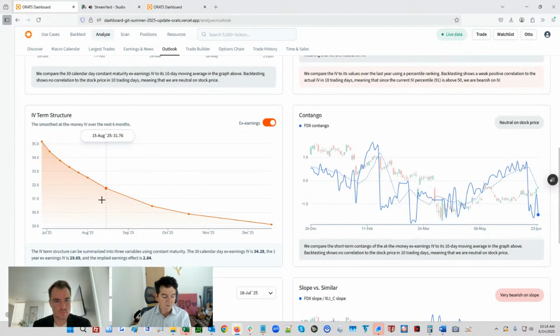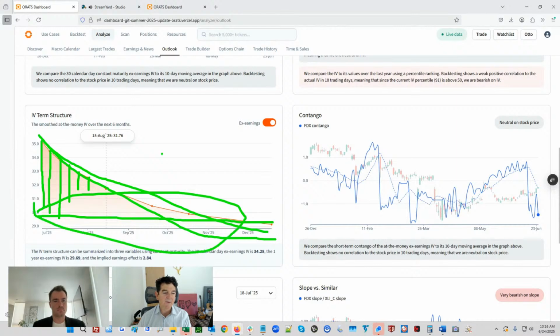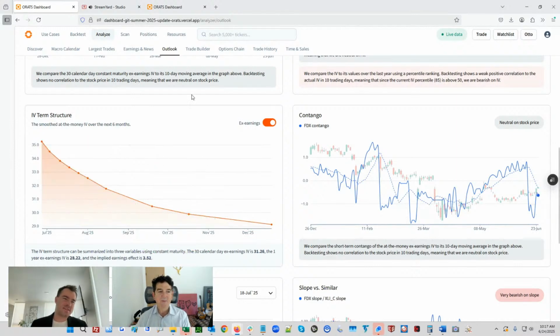If you were to lower this one and lower this one and lower this one, it would be a very bumpy and irrational skew if you tried to drop everything and figure out what the earnings implied is for this particular earnings. But again, we minimize the square difference, and this is the best line. It's not this line right here. This would be a bumpy line. So anyway, it's interesting. Yeah.